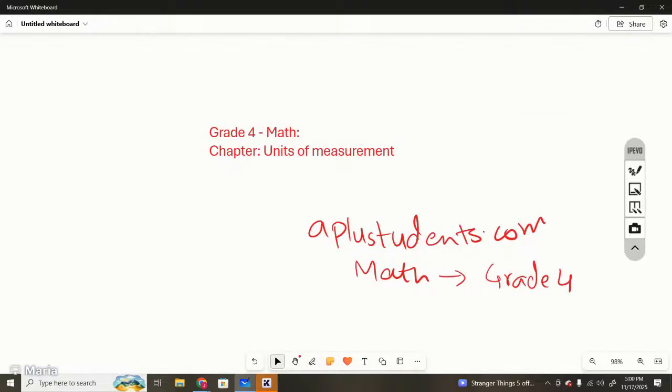There you can find a list of the chapters. We're going to start with the chapter units of measurement.